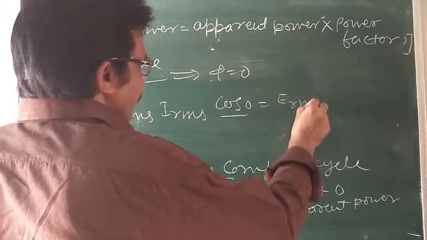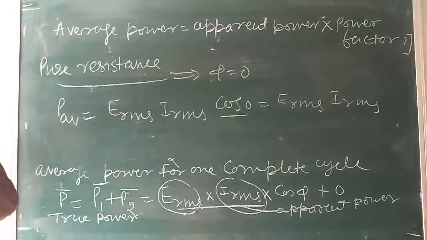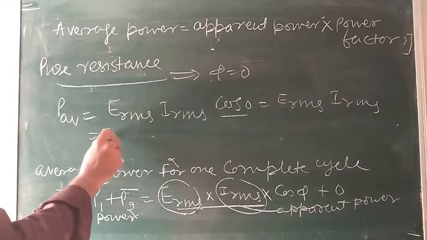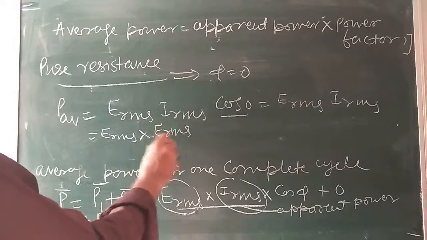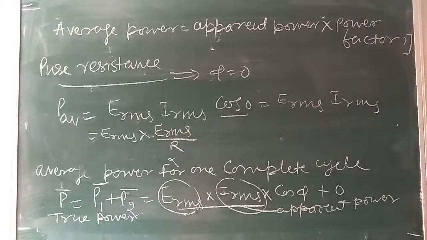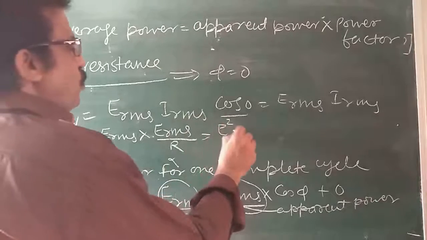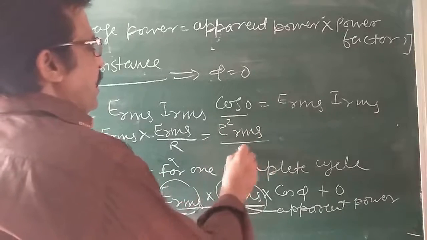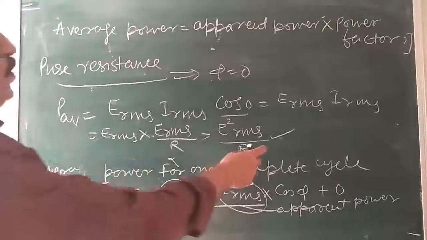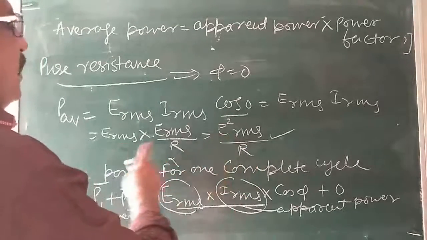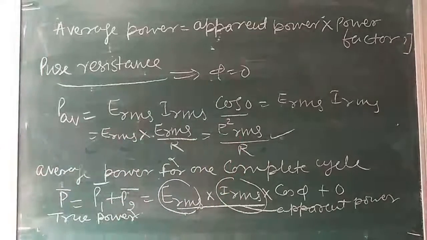That is ERMS into IRMS when there is resistance only. So I can write ERMS into IRMS as E square RMS divided by R. When the resistance is there, the average power is E square RMS divided by R.